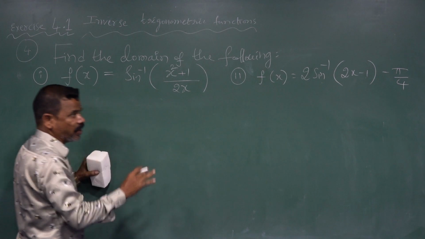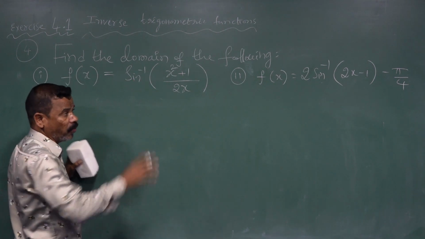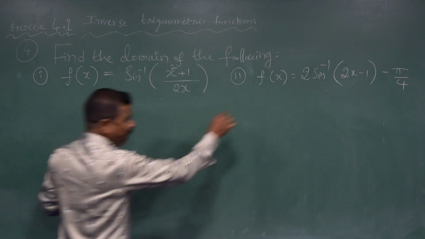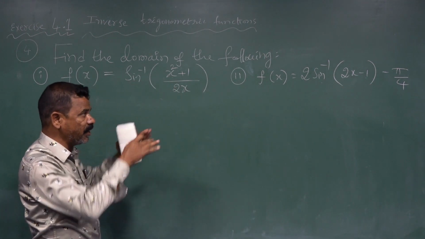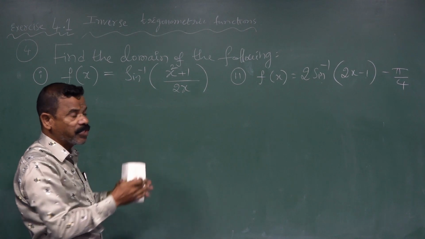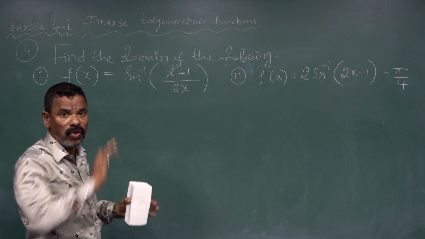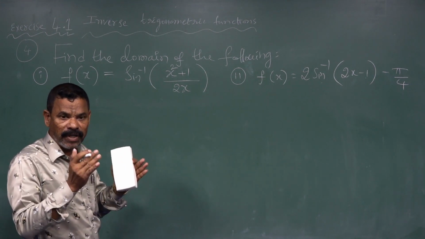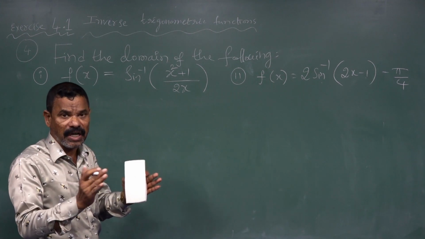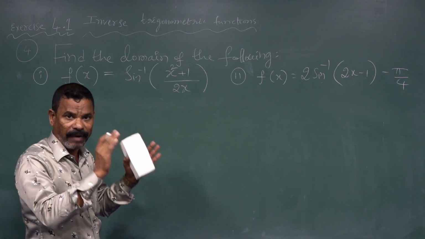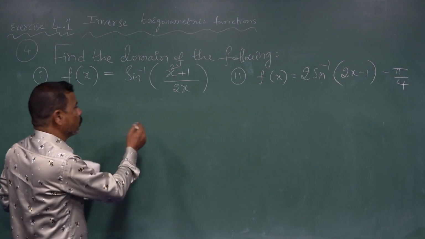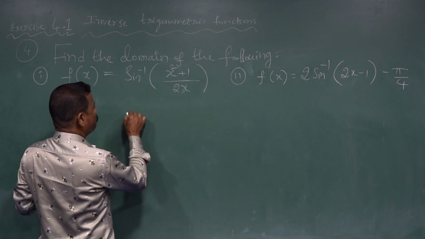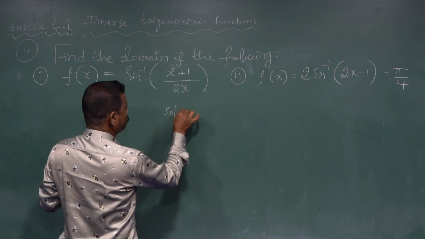So do not consider the 2, do not consider minus 5 by 4, only consider x. So consider sine inverse of 2x minus 1. That value in the sine inverse bracket lies between minus 1 to plus 1. Sine inverse and cos inverse always lie between minus 1 to plus 1, with closed brackets. Now, solution 2.